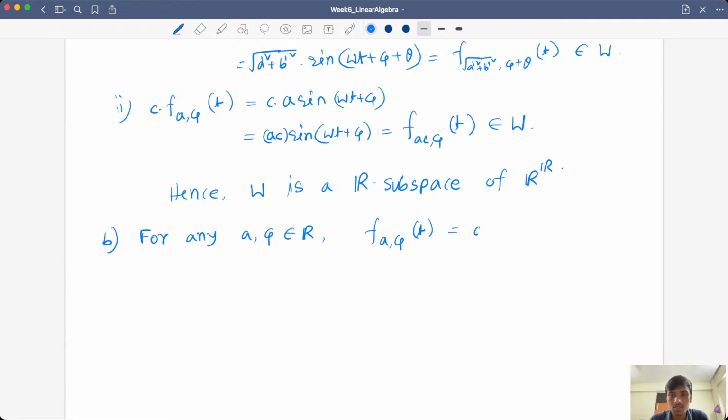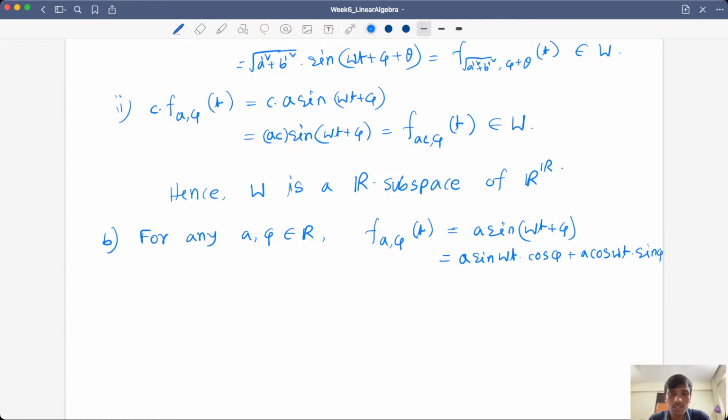It is a sine(omega t plus phi). But that I can again break by some formula of sine. So that is a sine omega t cos phi plus a cos omega t sine phi.